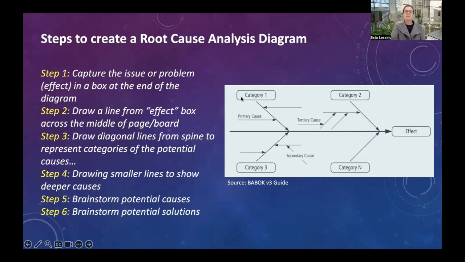And each of those represents a category of where the typical causes could originate from. And then you will do some primary cause lines, and this is where you'll start describing what could be causing this effect within this category. And you can even break it down into secondary and tertiary causes by adding smaller lines in the way that it's shown on this diagram.